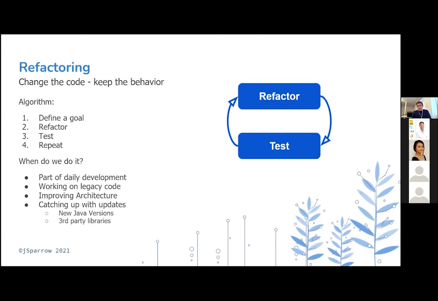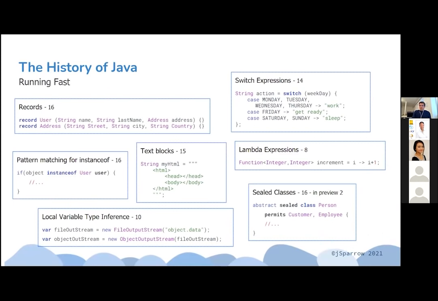Another important topic that doesn't actually depend on us is that the third-party libraries and the language that we are using are evolving continuously and very, very fast. If we have Java in mind, for example, there are so many features that have been introduced lately.